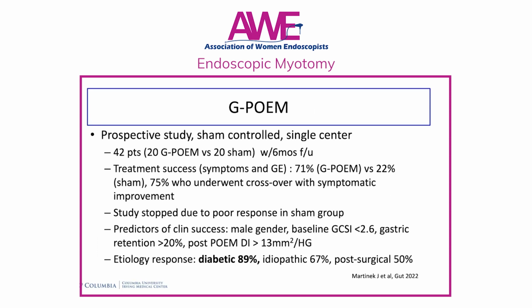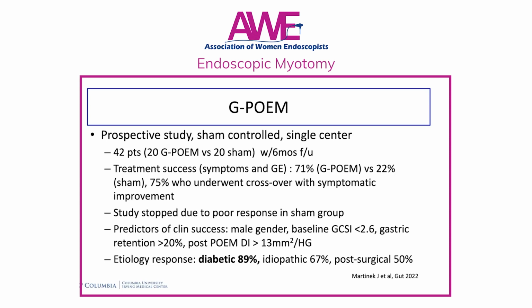We finally did have a very important prospective, sham-controlled study, out of a single center from Europe, in which 20 patients underwent G-POEM versus 20 that underwent sham and had 6 months follow-up. Those who underwent sham, who had no improvement, were crossed over to the G-POEM group, and treatment success was seen again, as measured by symptoms and gastric emptying scan: 71% who underwent G-POEM compared to 22% who underwent sham.